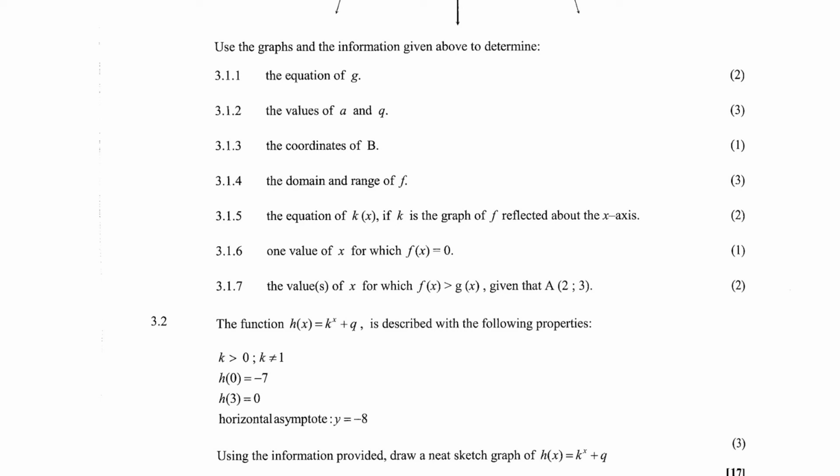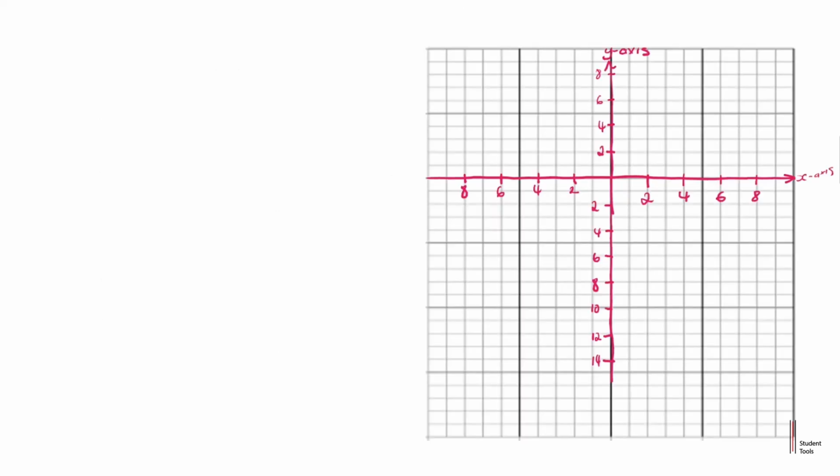So let us write it down: k greater than 0 and k is not equal to 1. We also have h of 0 is equal to negative 7.